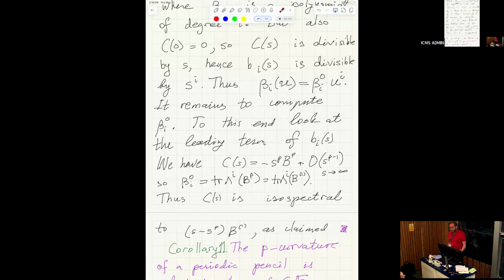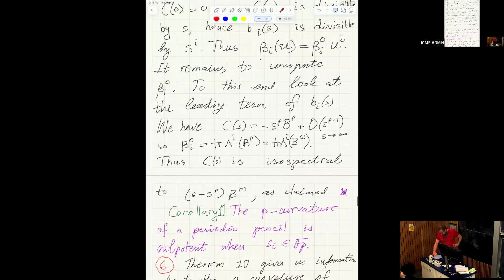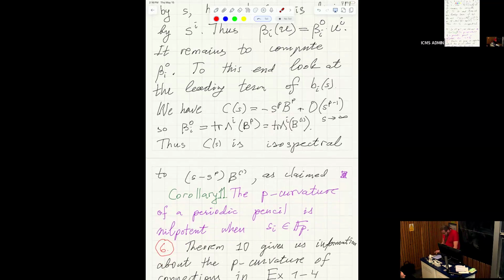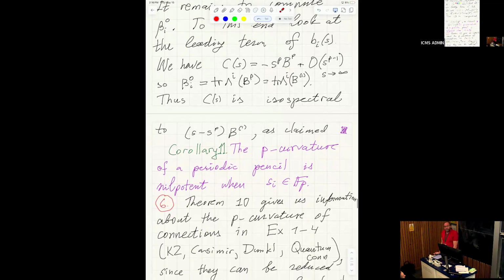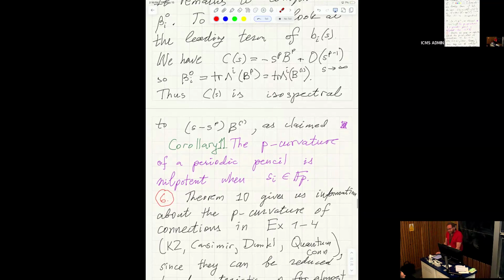If I do that, in both cases, eigenvalues get raised to power p, and this means these are isospectral. Okay, so that's the proof.